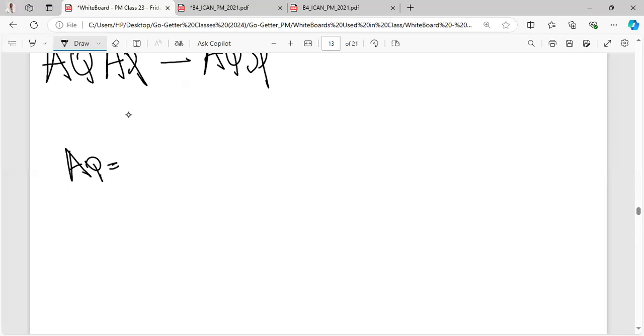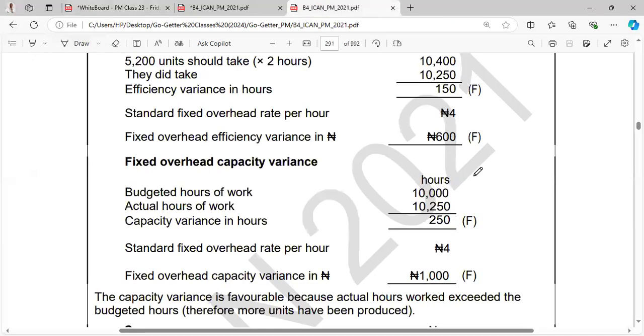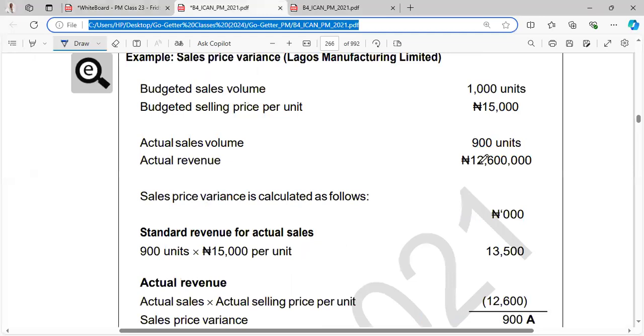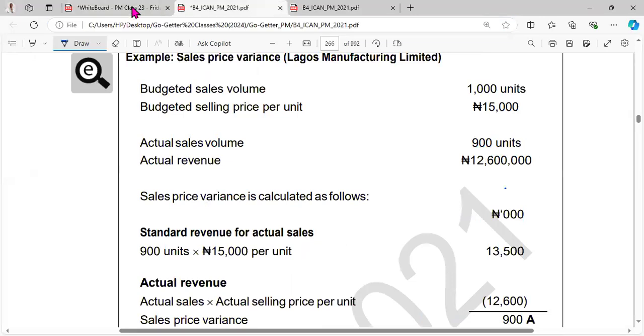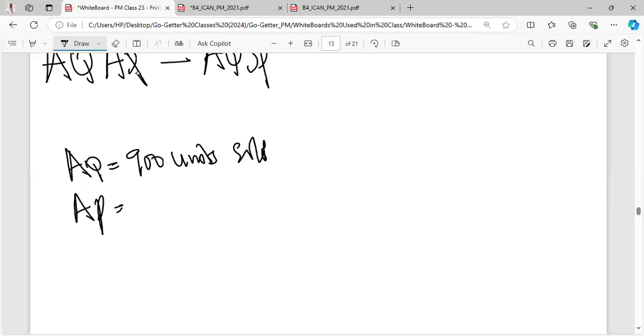Actual quantity sold is 900. Actual selling price is 12,600,000, because this is the revenue made, divided by 900.